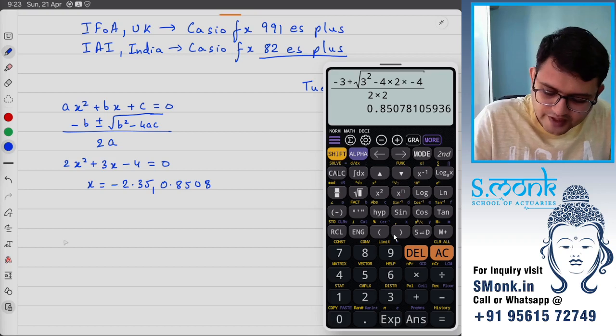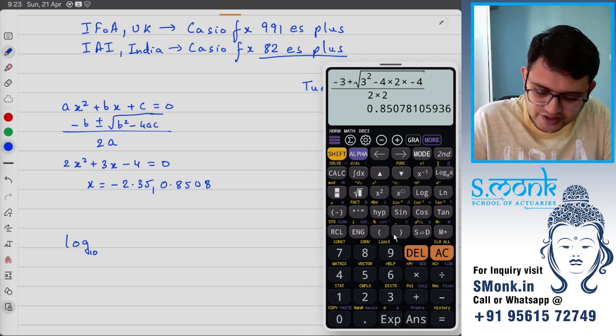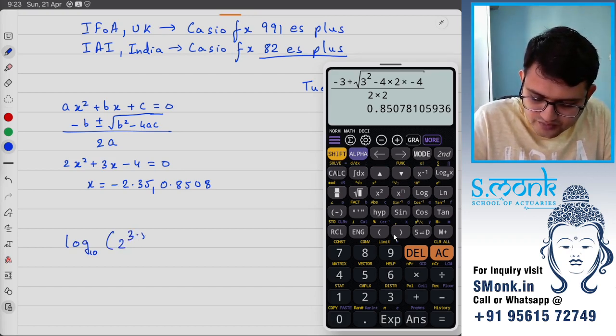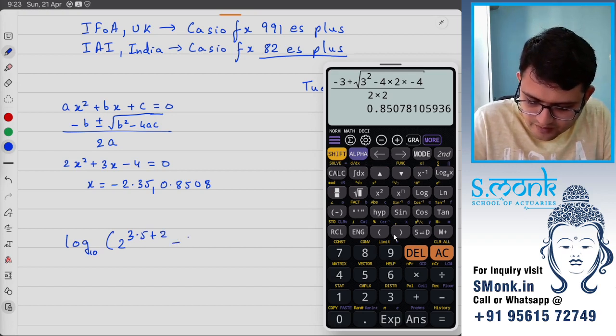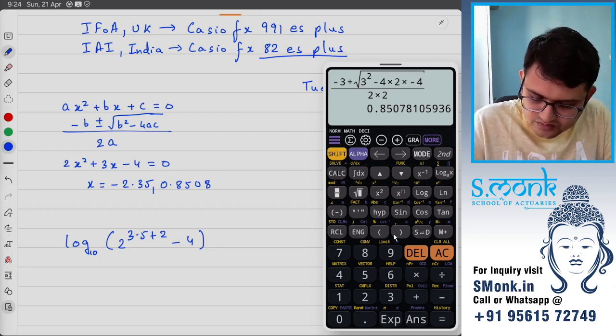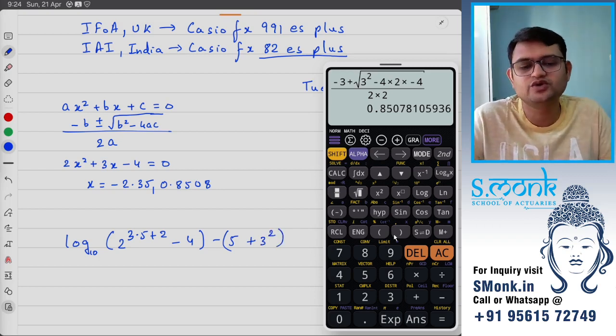Let's say I have a complicated equation with log to the base 10. Let's say this is the equation that I want to make.